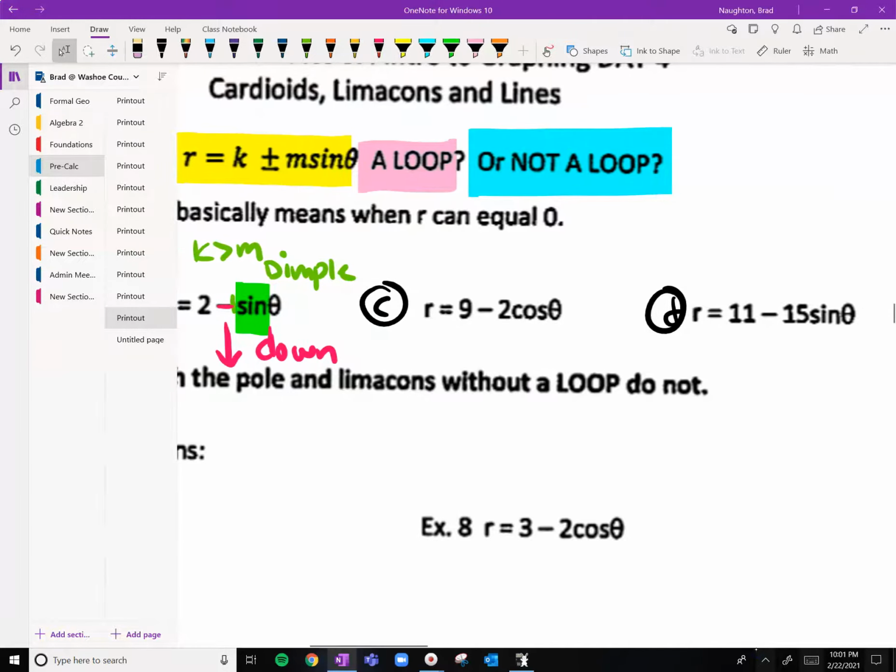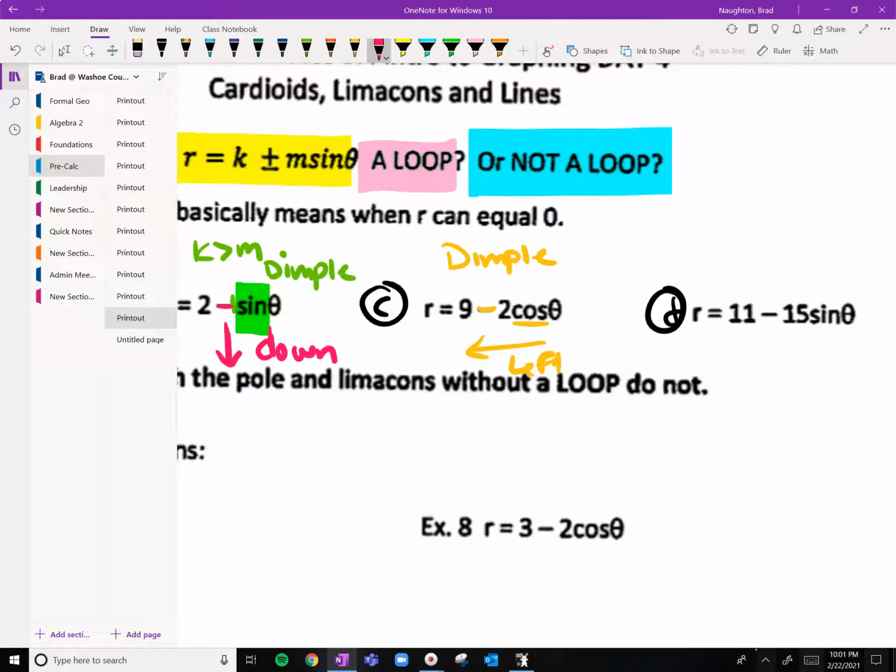Alrighty. So, ladies and gentlemen, why don't you try C and D? Hit pause, give it a shot, come on back. So on C, we have a dimple, because we have a 9 that's bigger than our trig, and this is going to be going to the left, because it's a negative cosine.